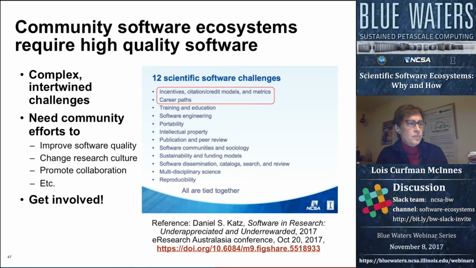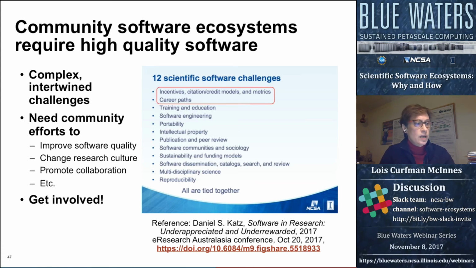So as expressed by Dan in this list, there's lots that needs to be done in terms of working on incentives for developing and supporting and sustaining good quality reusable software. There's lots that needs to be done in terms of working with groups who not only develop software but also fund software and publish science research.